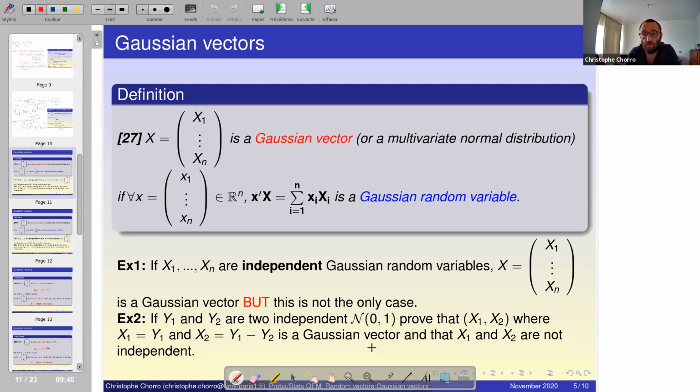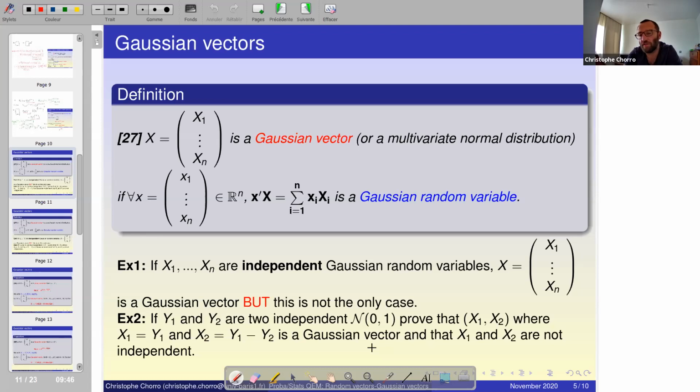Why not? It's a possible definition. But unfortunately, if you use this definition, you will be able to do nothing. No general things, and you won't be able to extend what we have for a single Gaussian random variable.